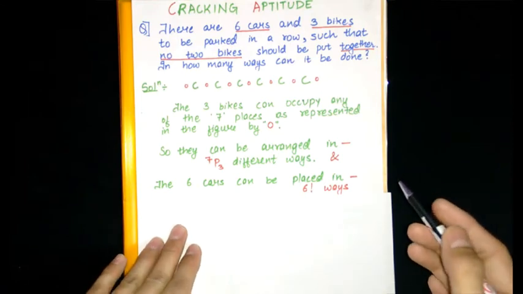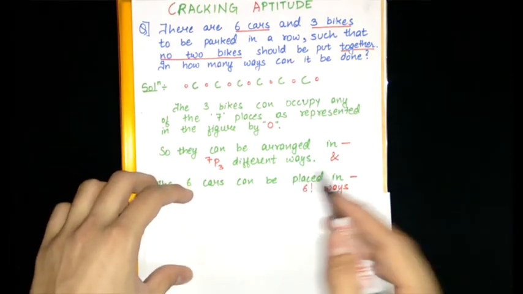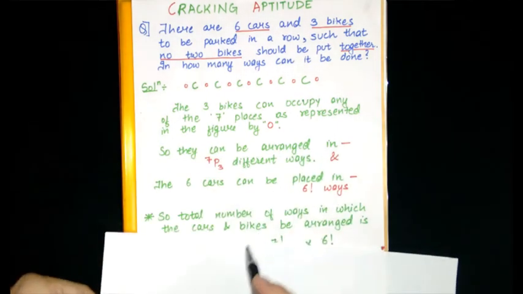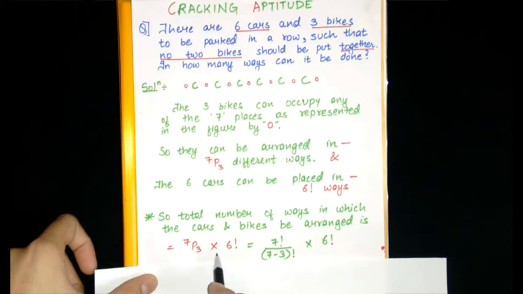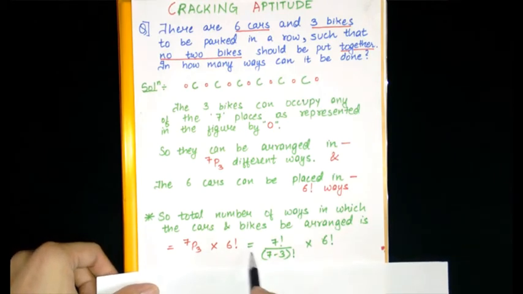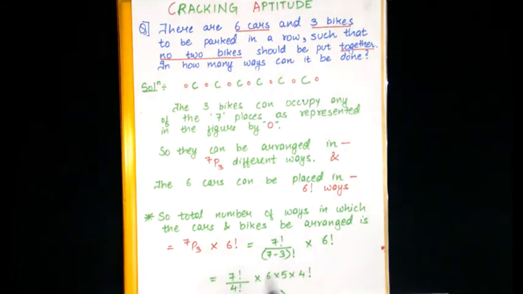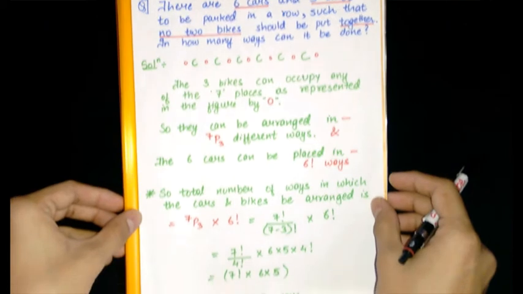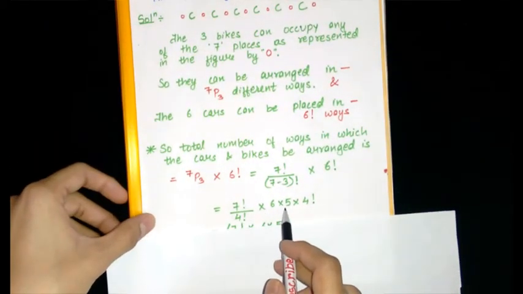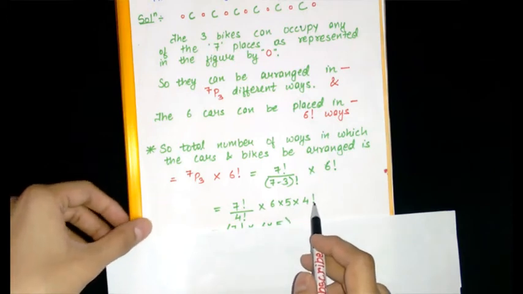So the total ways in which all these vehicles could be parked so that no 2 bikes should be together would be 7P3 into 6 factorial, and that would be equal to 7 factorial divided by (7 minus 3) factorial into 6 factorial, which would be further written as 7 factorial upon 4 factorial into 6 into 5 into 4 factorial.